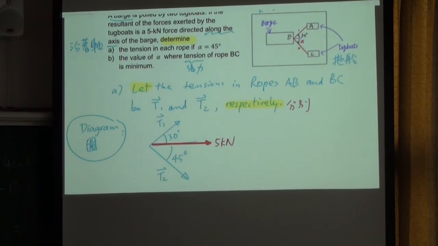Now, of course, we know how to add T1 and T2 together, and we have two ways. One is by parallelogram, and the other is by triangle, right? So let's do it by triangle.